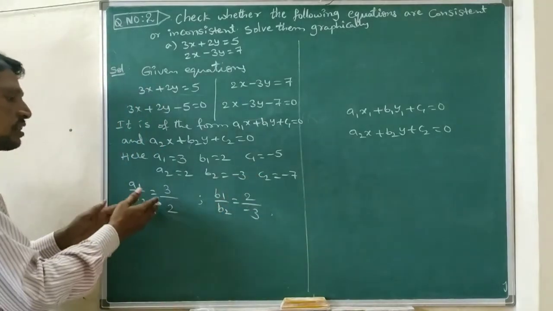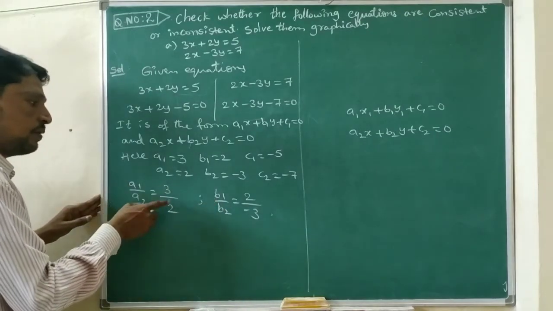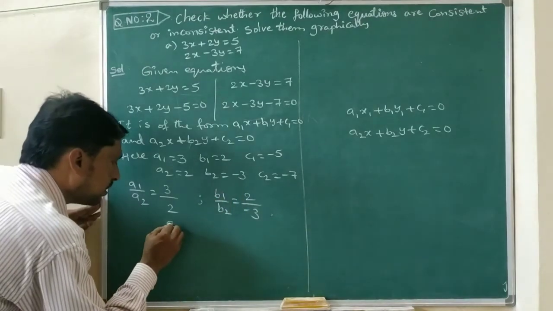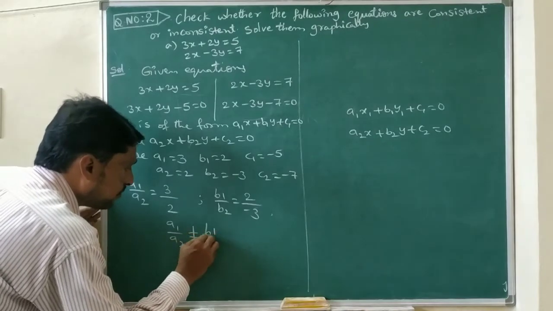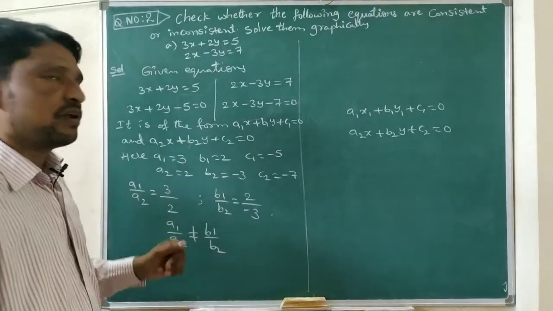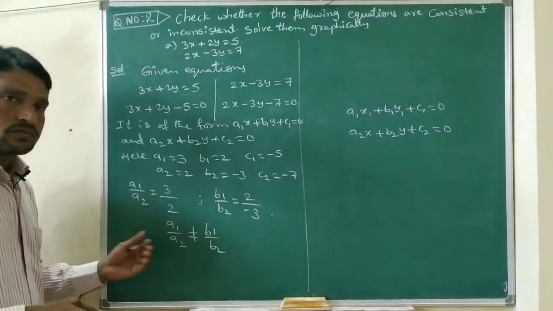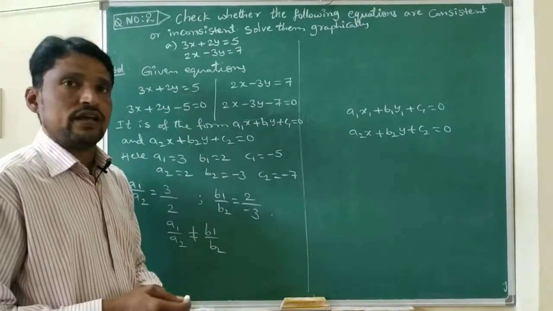So from these two ratios we are getting a1 by a2 is 3 by 2, b1 by b2 is minus 2 by 3. So a1 by a2 not equal to b1 by b2, which means the lines are consistent and independent.